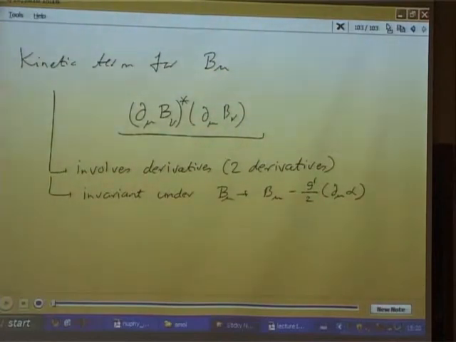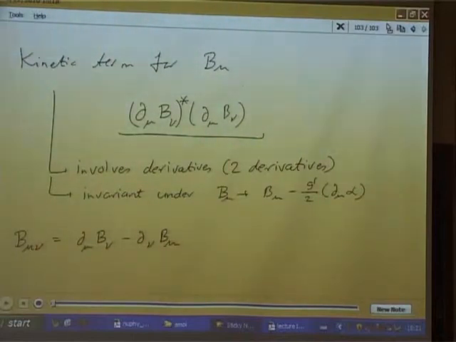So it turns out that if you write another term, which is B mu nu, which is like the F mu nu. So this B mu nu is just del mu B nu minus del nu B mu.